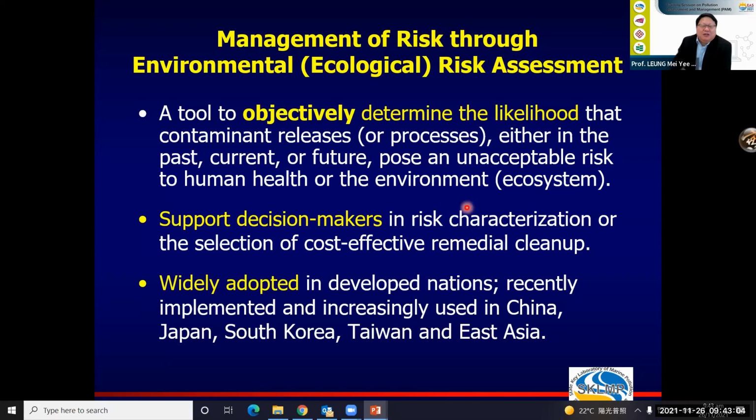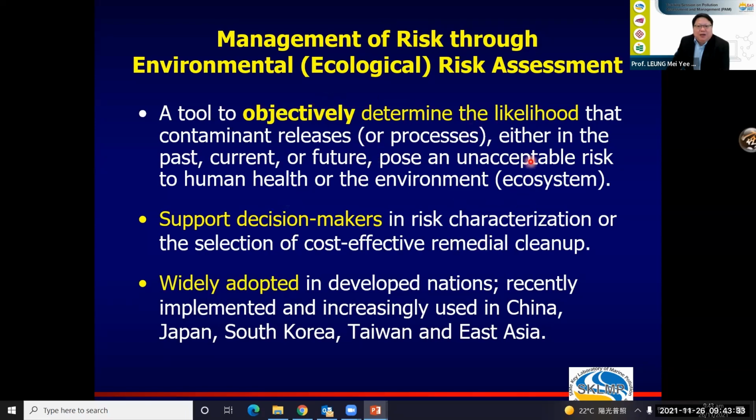Okay, sorry about this. So the ERA is a tool that enables us to objectively determine the probability or likelihood that a contaminant release or process, like hot water discharge, either in the past, current, or future, poses an unacceptable risk to human health or the environment.